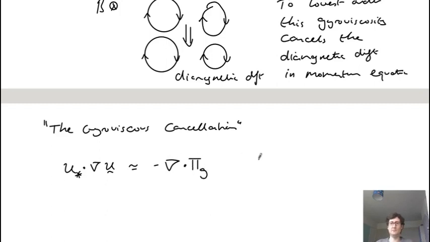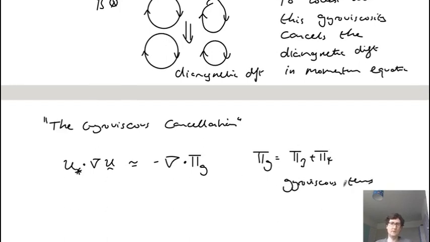So pi g, I'm just calling pi g here, is these two terms together, so pi 3 plus pi 4, these gyroviscous terms. The cancellation isn't exact, but it's pretty good, and it's often assumed in many models.